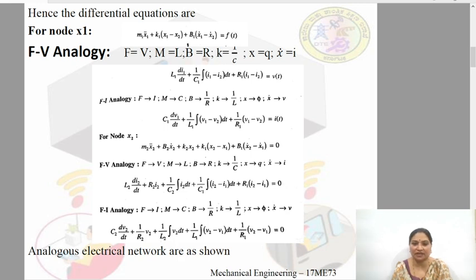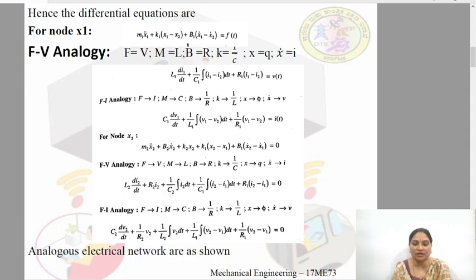So therefore we can write it as L1 di1 by dt plus 1 by C1 integration of I1 minus I2 of dt plus R1 into I1 minus I2 is equal to V of t. So this is the equivalent of force voltage analogy.